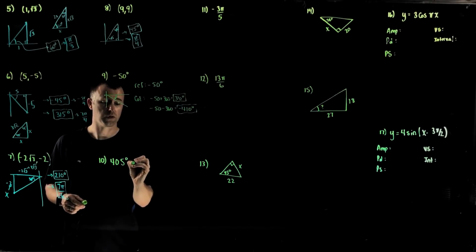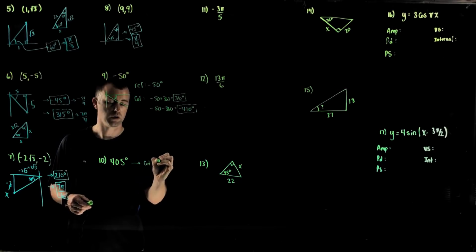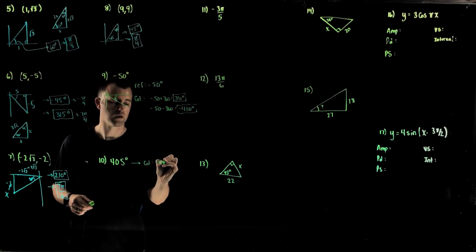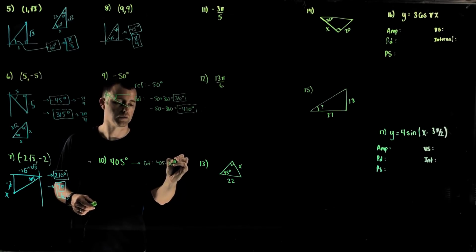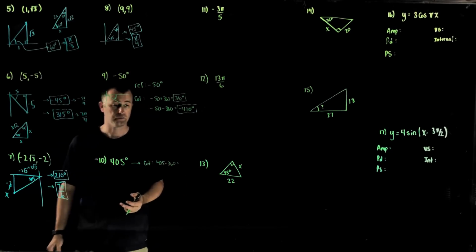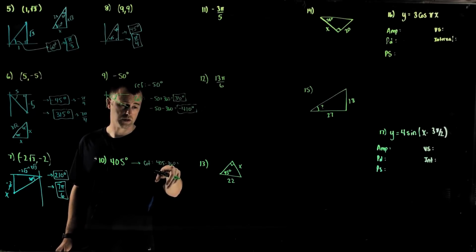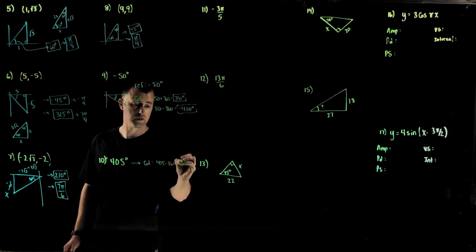What I would probably do first on this one is find the coterminal before I do the reference. So I'm going to go 405 minus 360, so I can figure out what that angle is. If you subtract that, that's 45 degrees. So that's a coterminal angle.